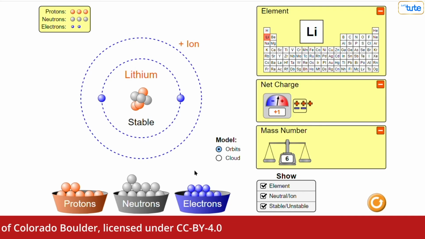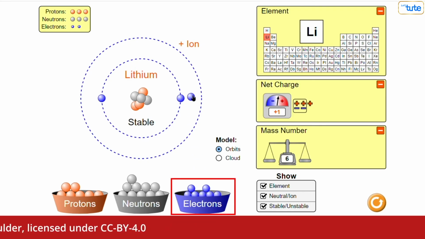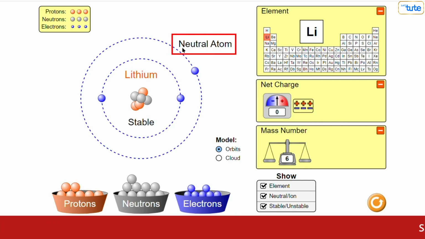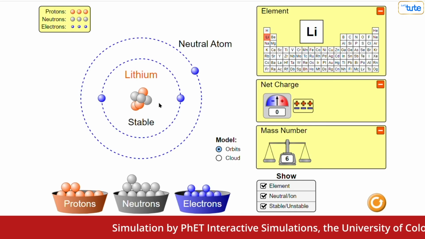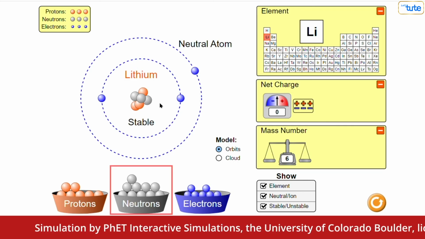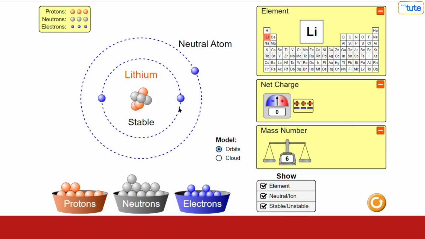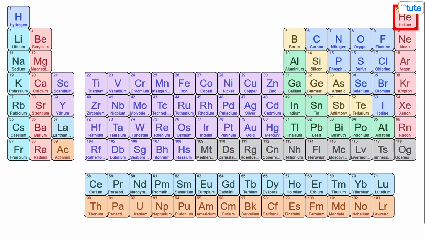Because to neutralize the +1 charge, -1 charge is needed. Here we got a neutral atom and mass number 6. Because 3 protons and 3 neutrons are present in the nucleus. If we increase the number of protons, electrons and neutrons gradually, we can get different elements with their mass numbers.